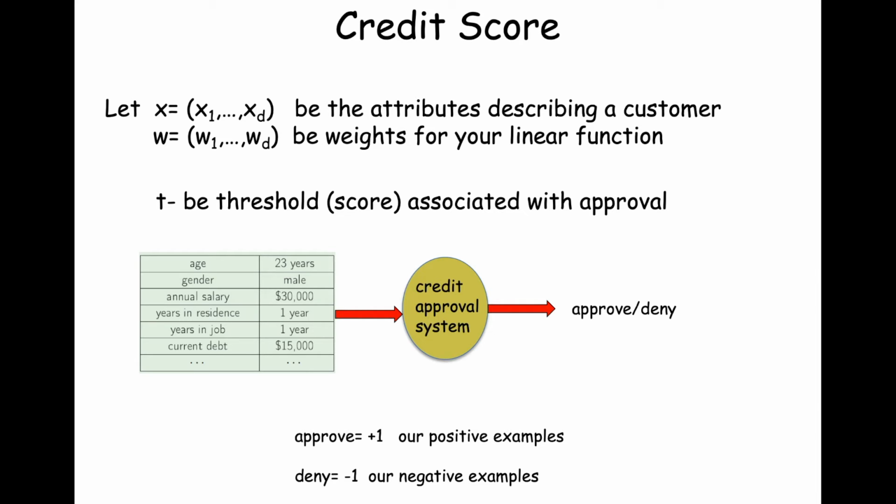For each one of these attributes collectively describing our customer record or customer vector, we have a corresponding weight for our linear function. These weights, therefore, are W1 up to including WD. And so for our D-dimensional customer feature vector, we have a corresponding D-dimensional linear function.